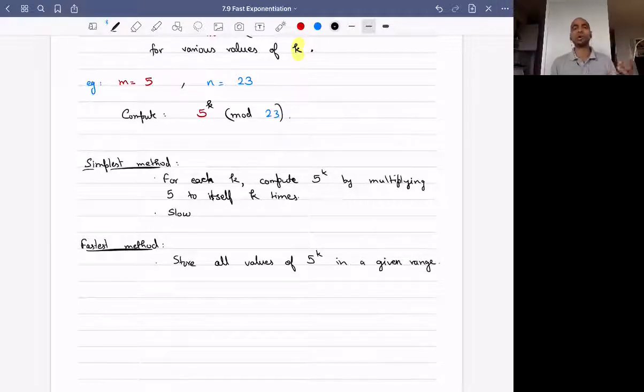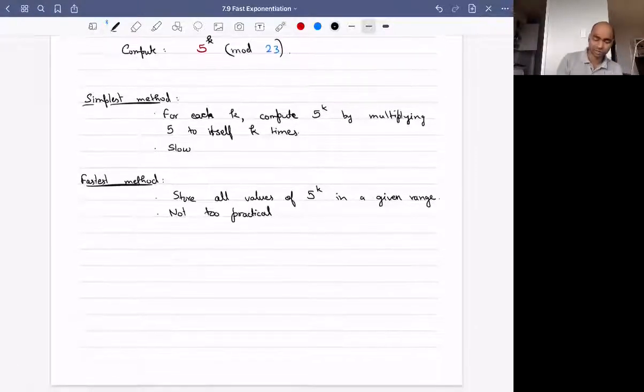So let's say I know that my inputs are always going to be less than or equal to 1000. So I just store all 5 to the 1, 5 to the 2, 5 to the 3, 5 to the 4, 5 to the 5, and so on, all the way up to 1000. Of course, this takes a lot of memory, but it's really fast, because then when I get a query, I just look up in the memory and output the answer. It's not very practical to store so many numbers in the memory.